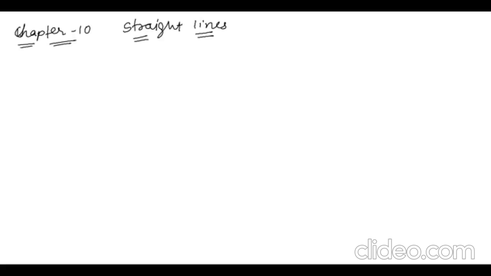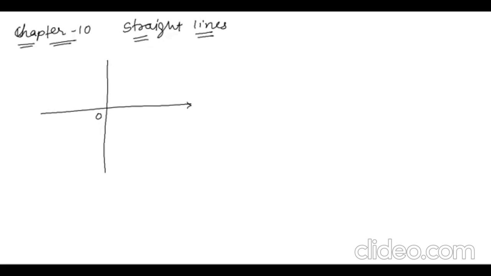So I think you might know that this is the Cartesian coordinate system, where two perpendicular lines intersect each other at the origin, right?